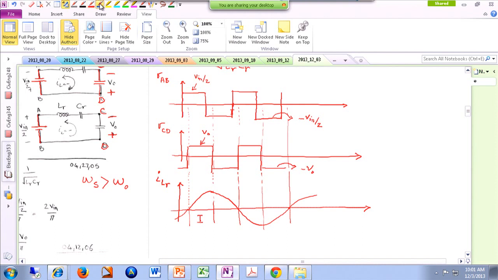Let me draw this with blue now. Then you are in mode number 2, because the inductor current is still positive, but the VAB voltage is negative, and as it turns out, mode number 2 is all the way down to this point.